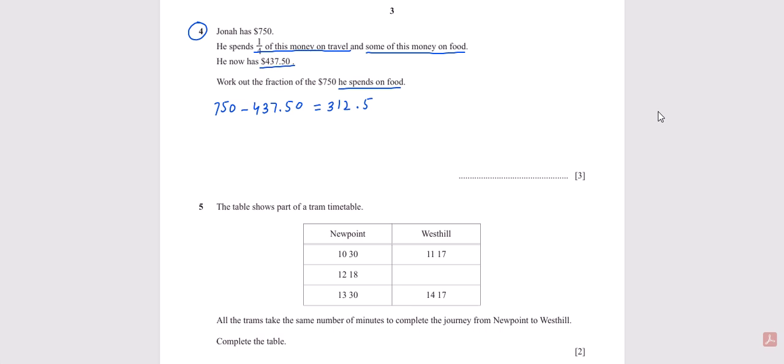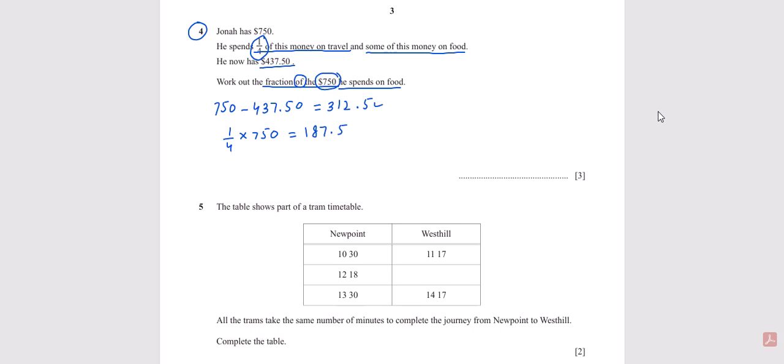So we find the fraction of this number. So fraction is 1/4. Total amount is 750. Of means multiply, 1/4 of 750. Calculate these values. We get 187.5.